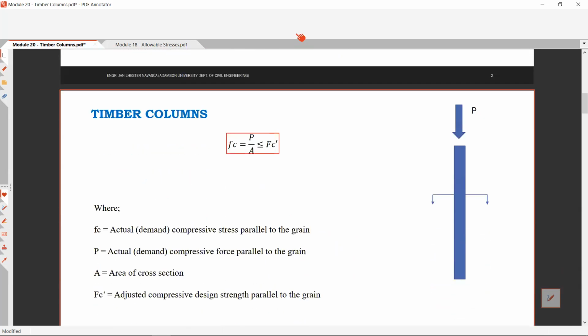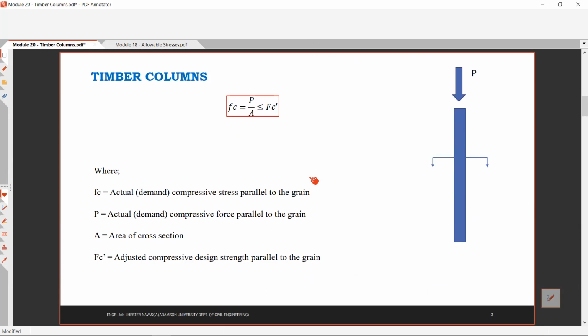Under timber columns, since we only consider working stress, also called allowable stress design, it is basically service loads.